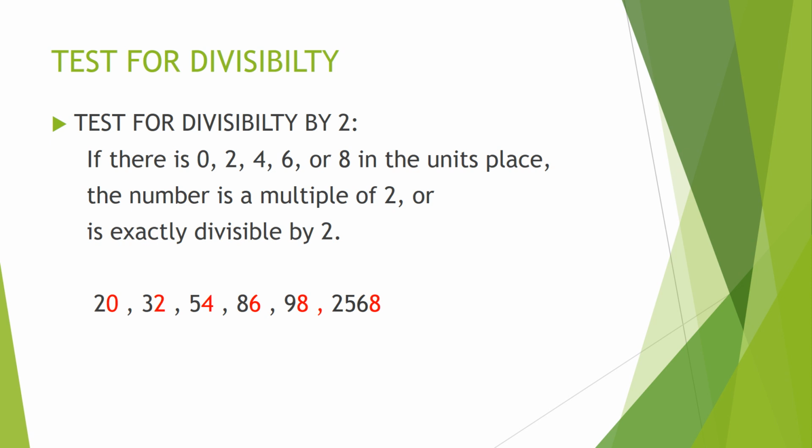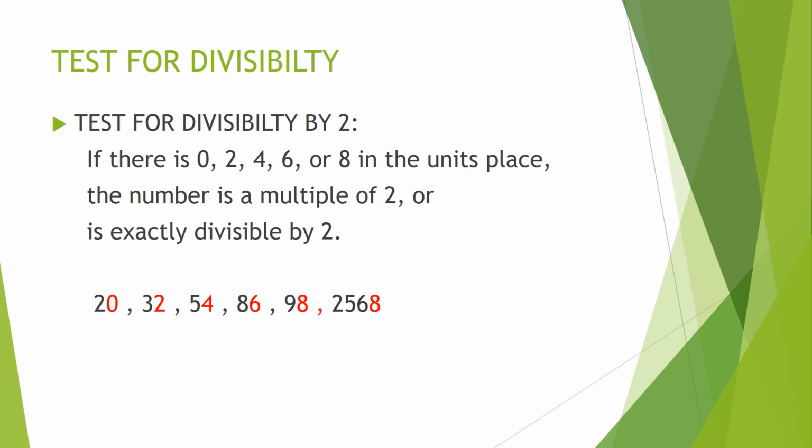That is why the term is test for divisibility by 2. So let's check. We have taken the numbers 20, 32, 54, 86, 98 and 2568. I have purposely colored the units place, that is the digit on the extreme right of each number.